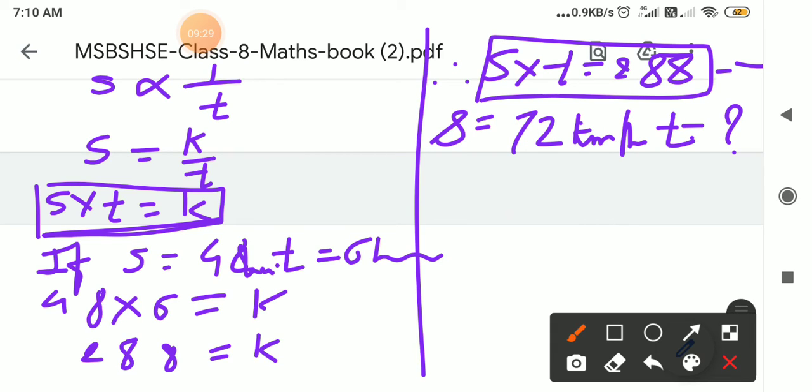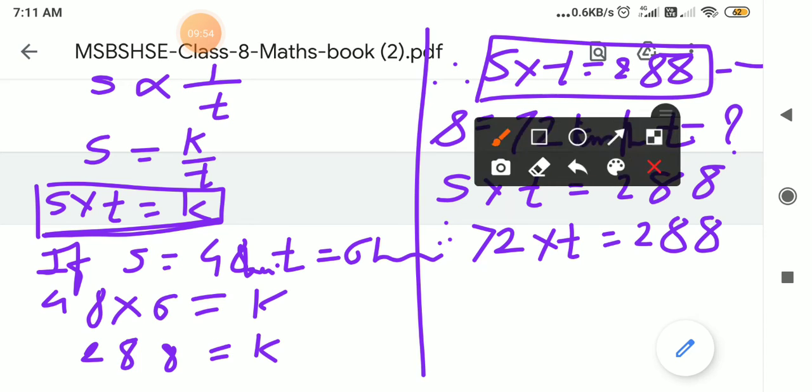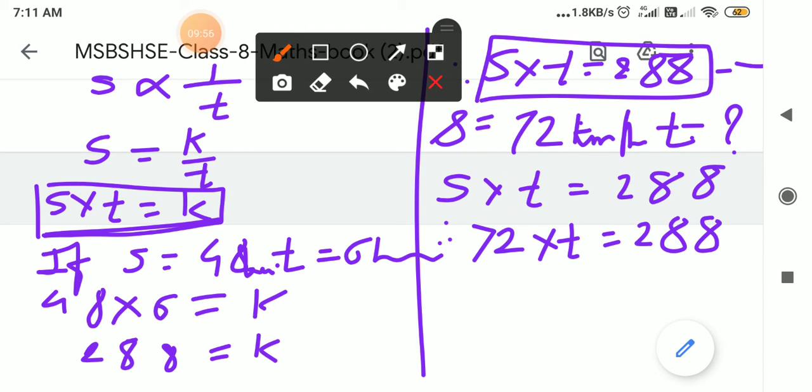So put these values in this equation. As you know, S into T is equal to 288. Therefore S is equal to 72, so 72 into T is equal to 288. Now T is equal to 288 upon 72.